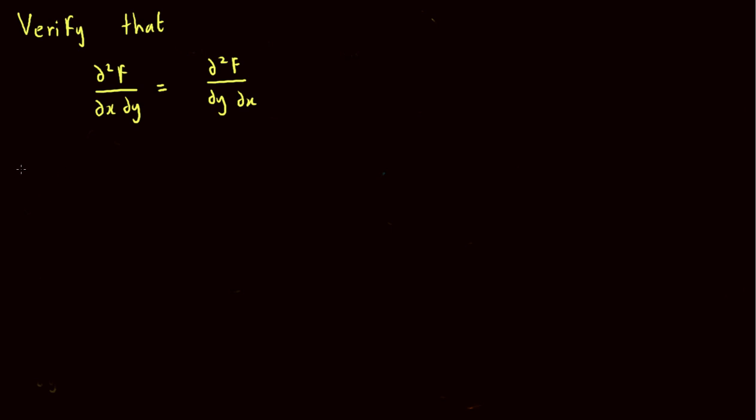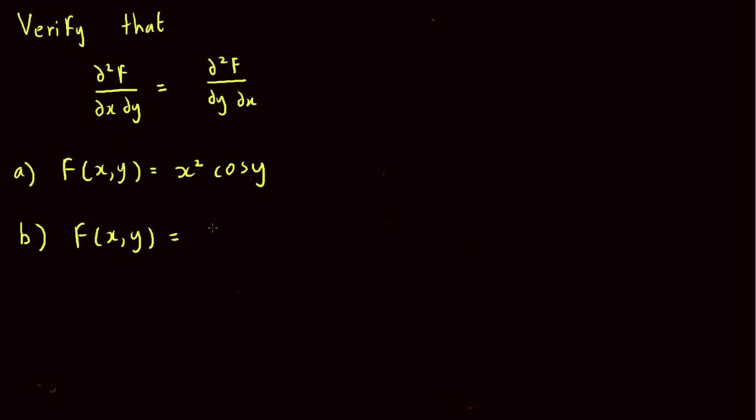For which function? The first function that we're interested in is f(x, y), which is simply x cos(x squared) cos y. And then the second case is f(x, y) equals sinh x cos y.